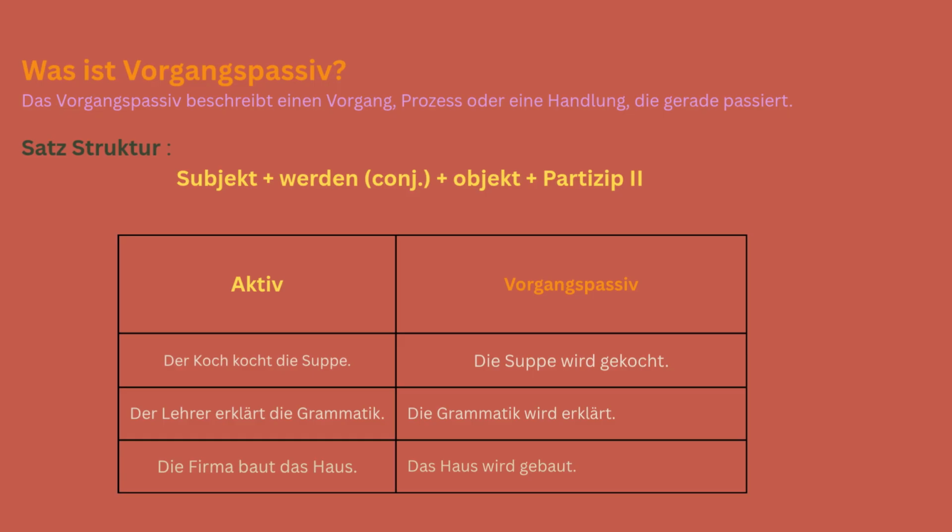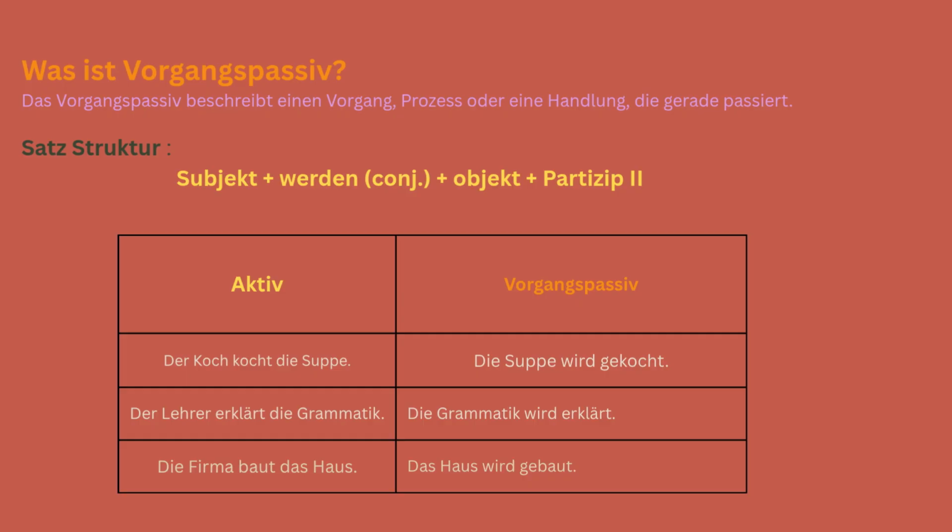First, they cooked the soup. In Vorgangpassiv, we can say, die Suppe wird gekocht. The soup is being cooked. Der Lehrer erklärt die Grammatik.